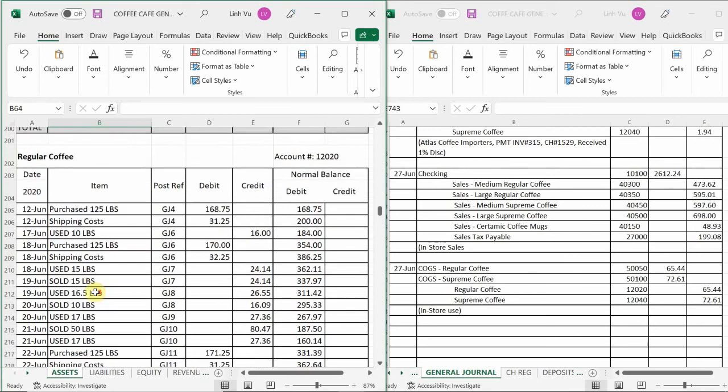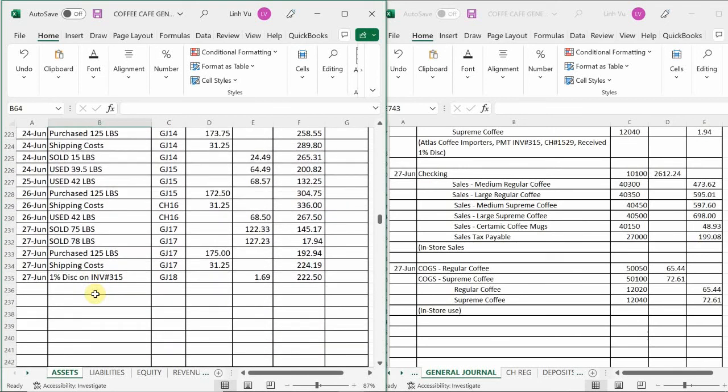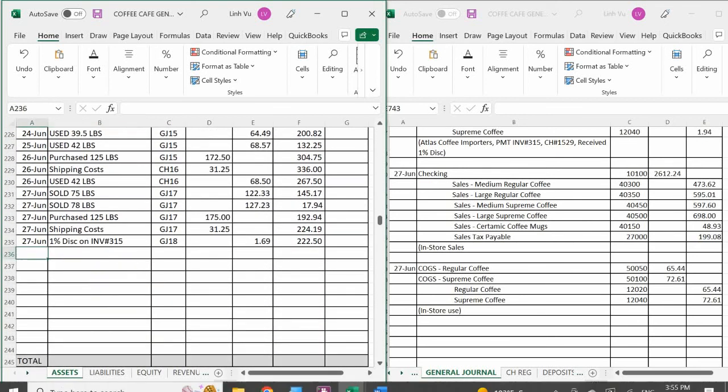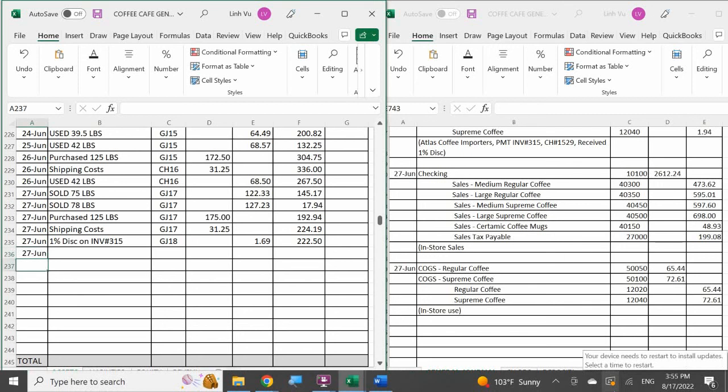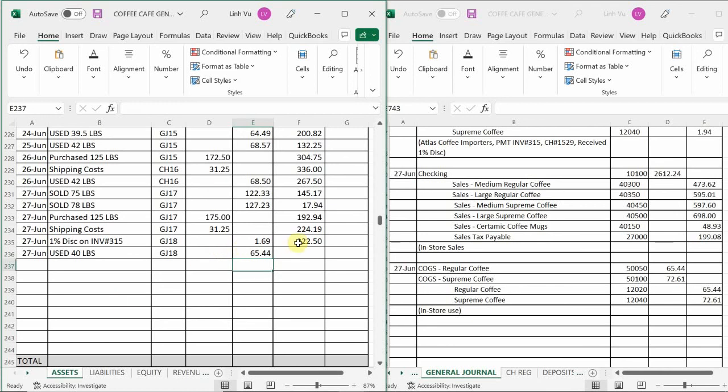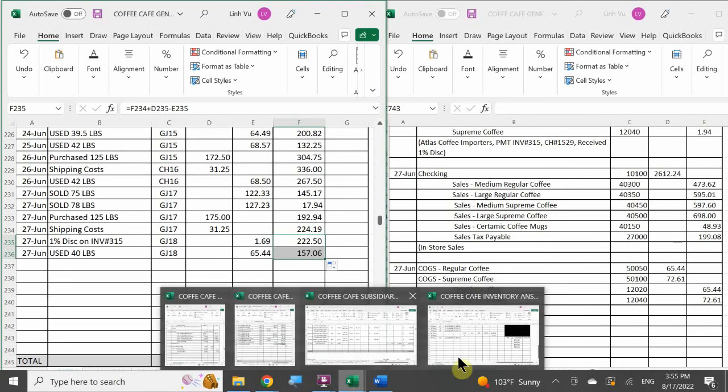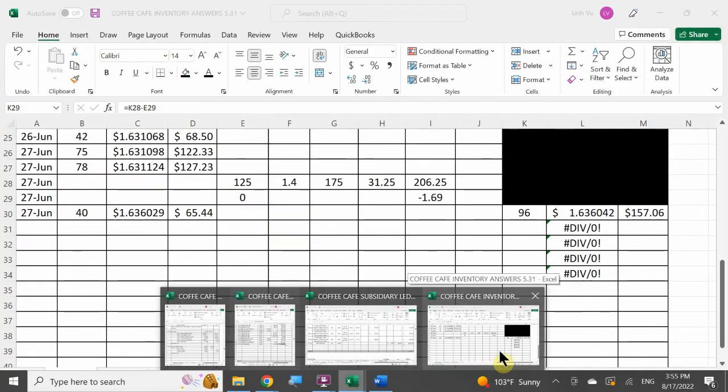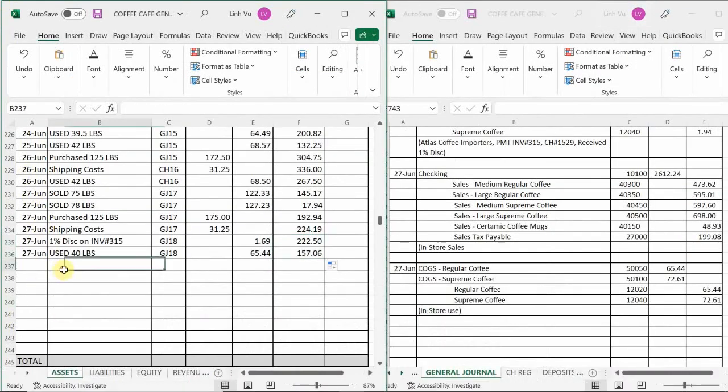And then we go to assets, inventory, regular coffee. There is regular coffee. We used 40 pounds. Page 18 for 65.44. You should have 157.06 in your inventory, which is true. Yes. Okay.